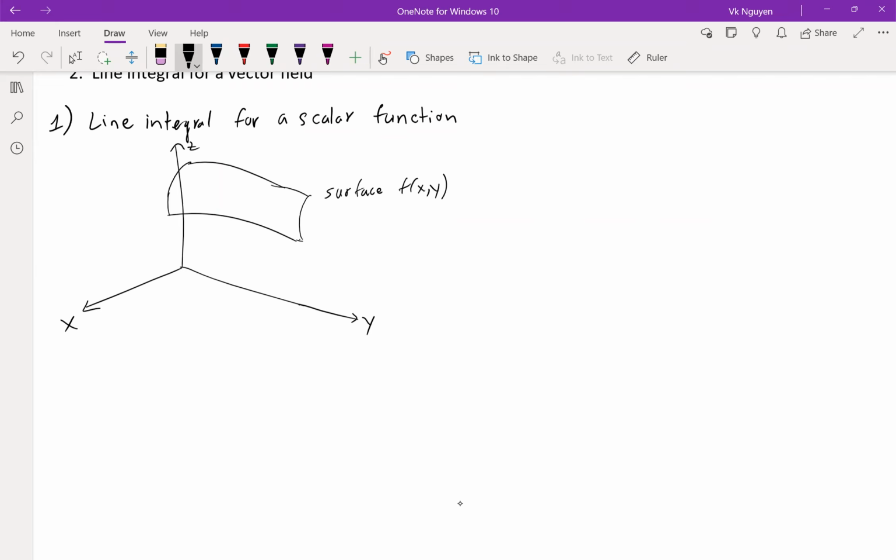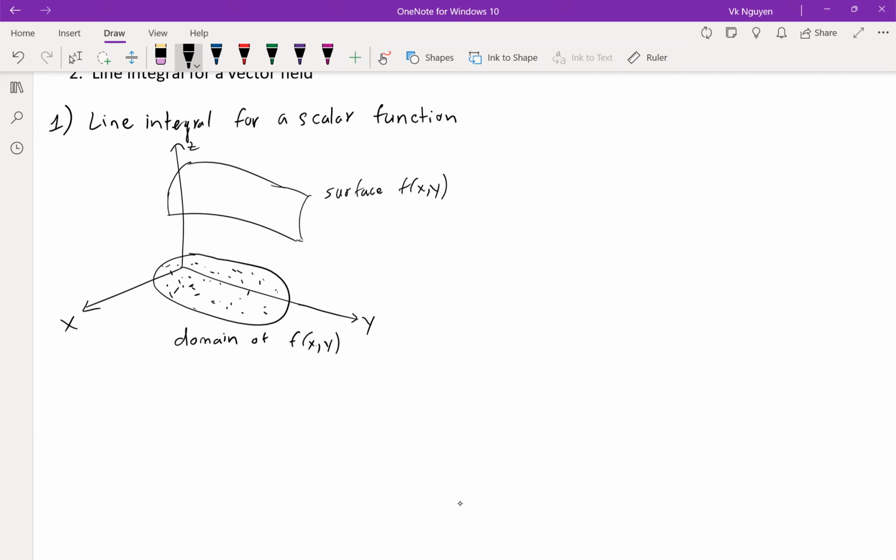And then on the surface, there's going to be a domain right here. So I'm going to draw my domain. Let's say this is the domain of f(x,y).